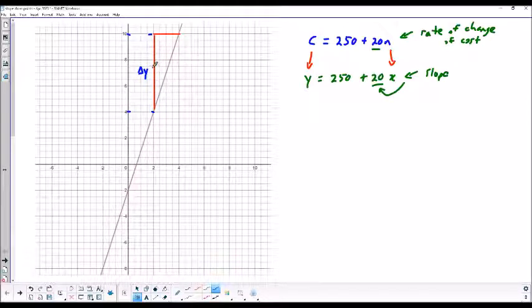As we go from this point on the graph up to this point, the vertical change is 10 minus 4, which gives us a value of 6 for the delta y. And the delta x, from the x value at the beginning of the triangle to the x value at the end, is 4 minus 2, which gives us a delta x of 2.